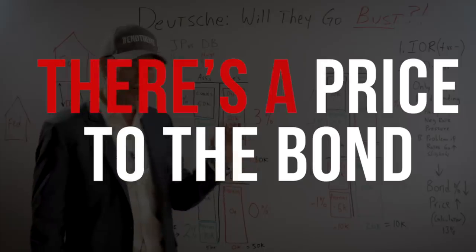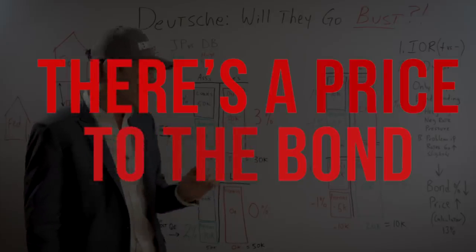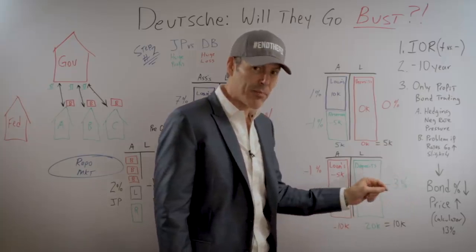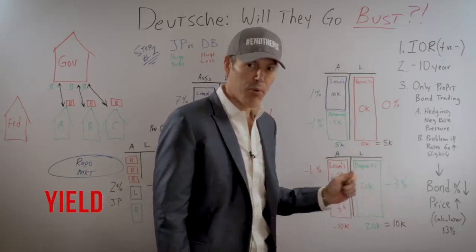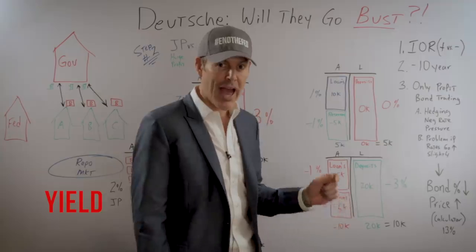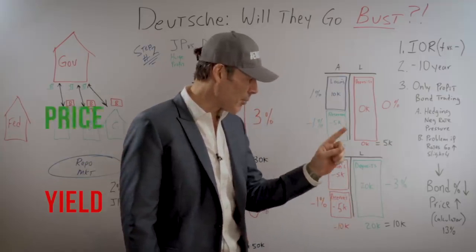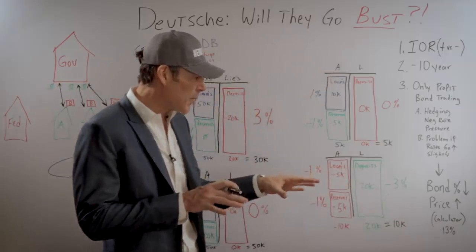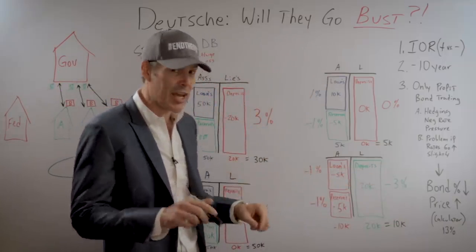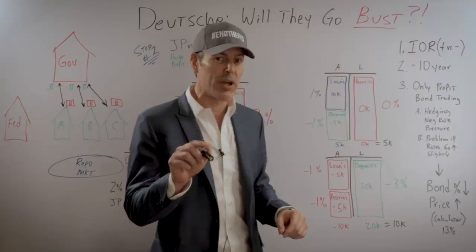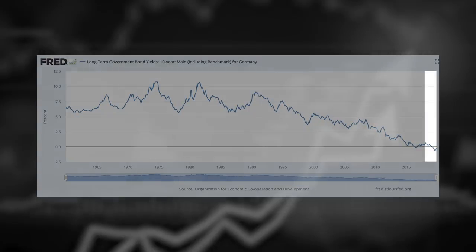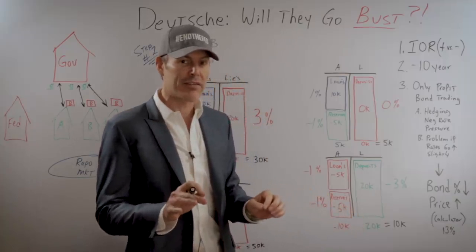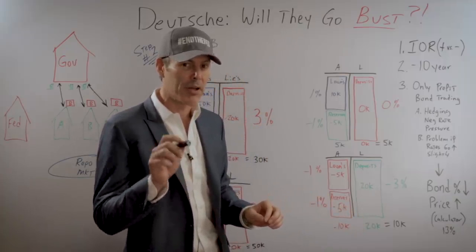But it gets a little more complicated because right now we're just talking about interest rates. But remember, there's a price to the bond as well. There's an inverse relationship. So as the yield of the bond goes down, the price of that bond actually goes up. So if Deutsche Bank had a lot of these bonds on their balance sheet, and interest rates actually went further negative, and they sold a lot of those bonds, they could realize a profit or a capital gain.